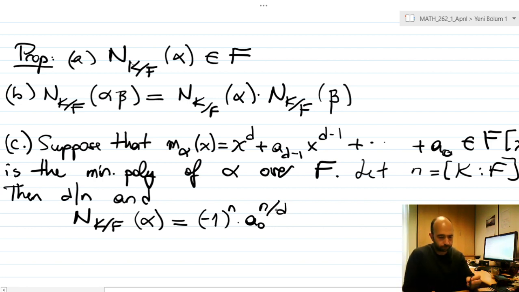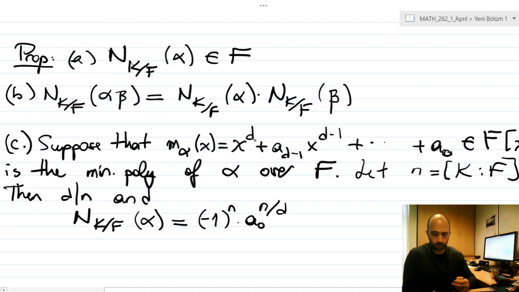Particularly interesting is when d is equal to n, then this power is 1. That would exactly correspond to a simple extension with primitive element alpha, and in that case this works. But this also takes care of the possibility where that doesn't happen. You could have a minimal polynomial of lower degree than the degree of the extension.